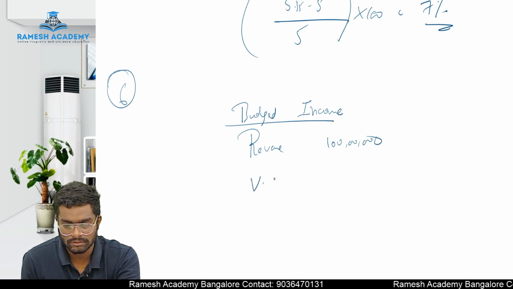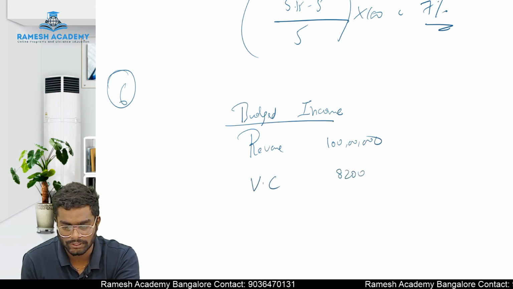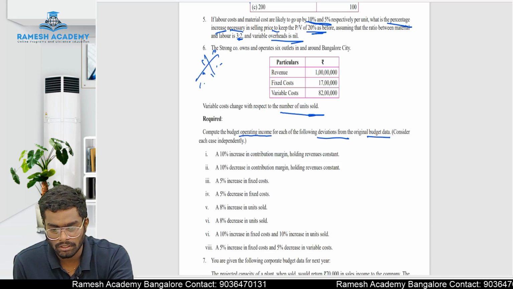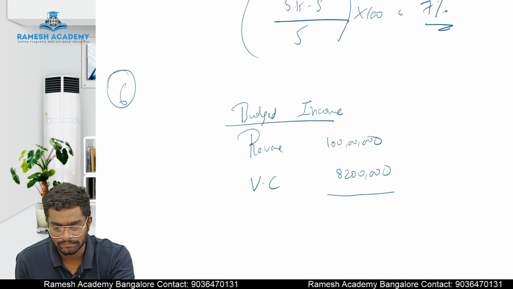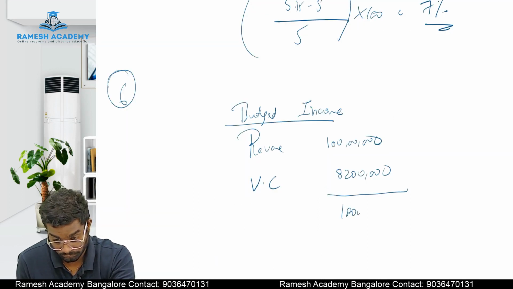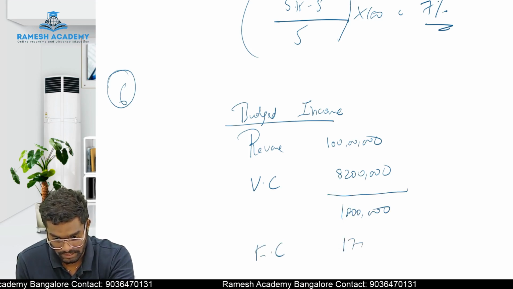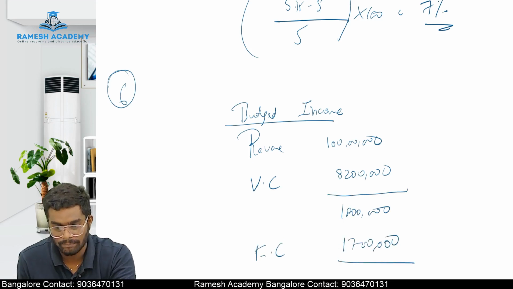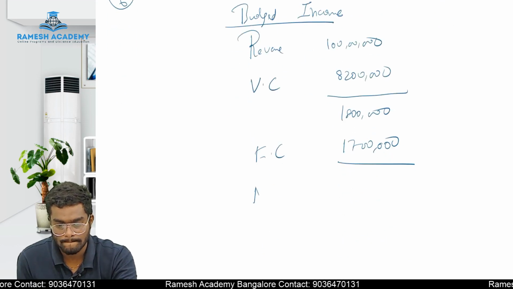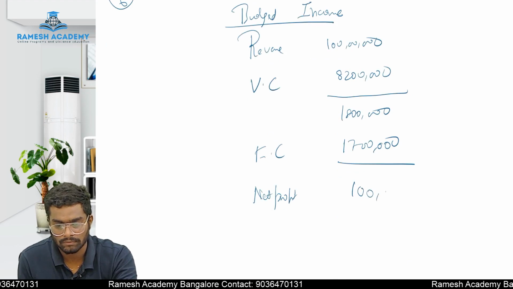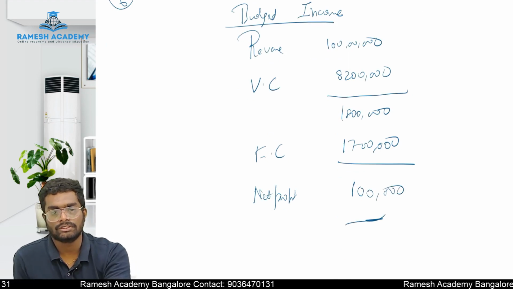Like this, VC, variable cost is 82 lakhs. So my contribution is 18 lakh. My fixed cost is 17 lakh. My net profit is 1 lakh. This is the budgeted income.